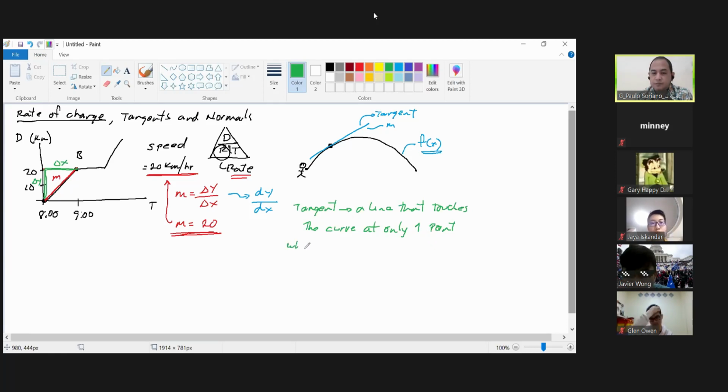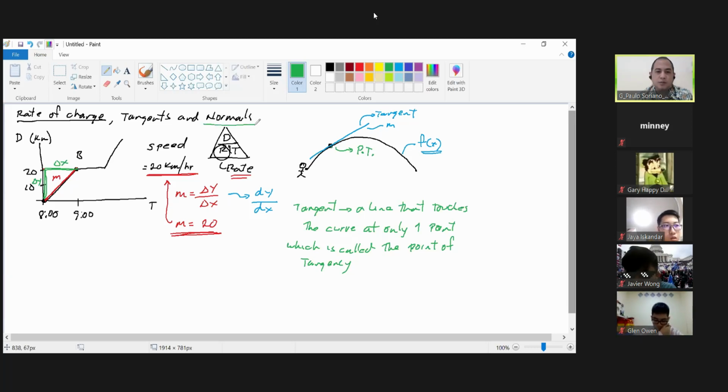Tangent point. Point of tangency, okay, which is called the point of tangency. So this is now your PT, or your point of tangency, while this is your tangent.